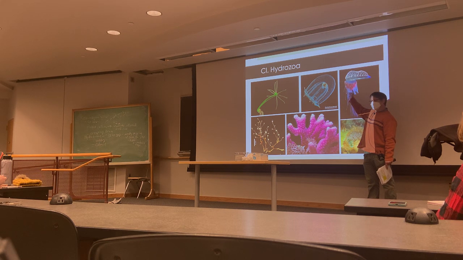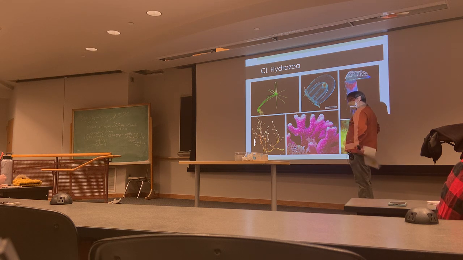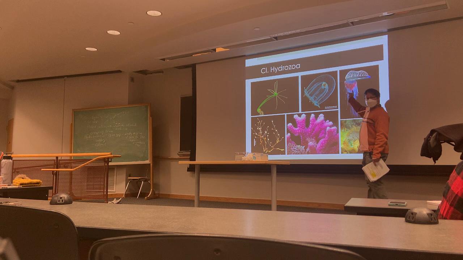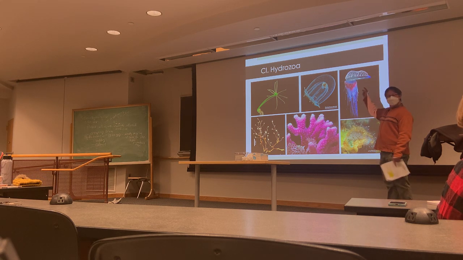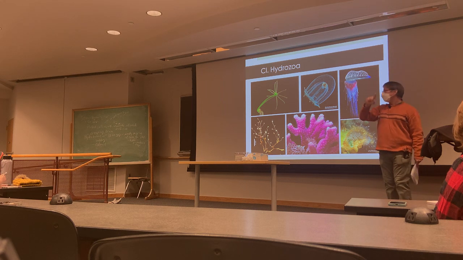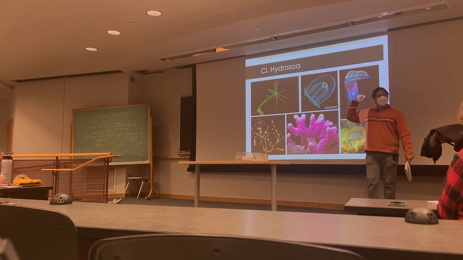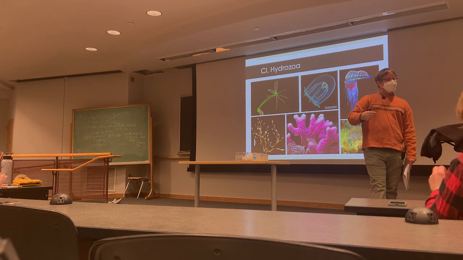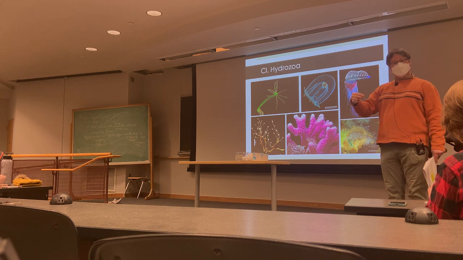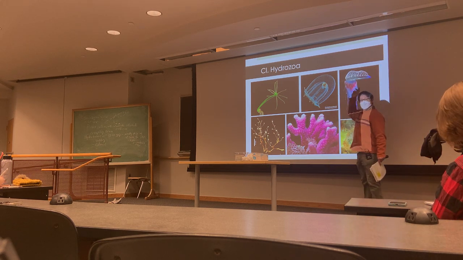Anyone know what this species is? Yeah, Portuguese man o' war. Have you seen these? No, I wish. Okay. Portuguese man o' war, so you've heard about them at least. Portuguese man o' war have a float, and otherwise are comprised of multiple individual polyps and individual medusae that form this entire organism.